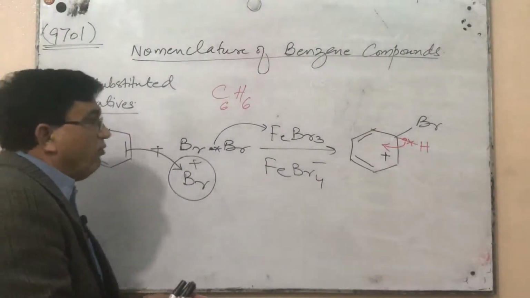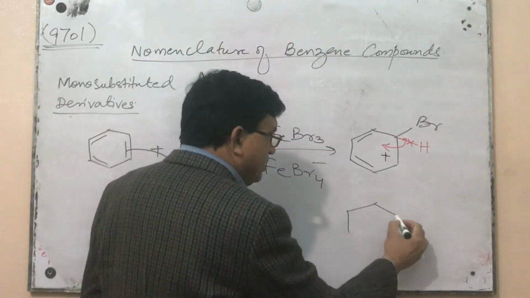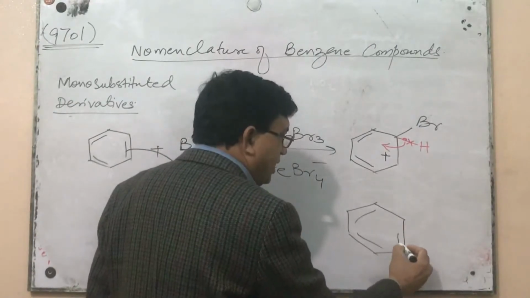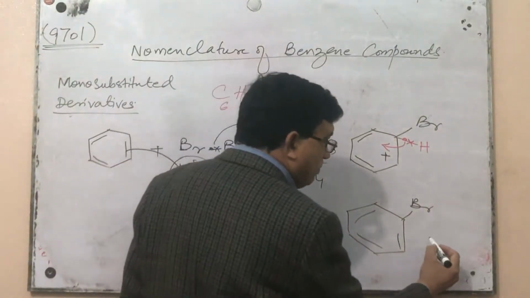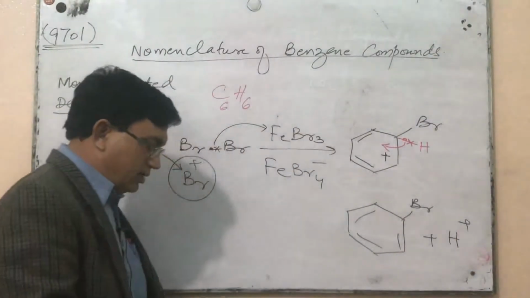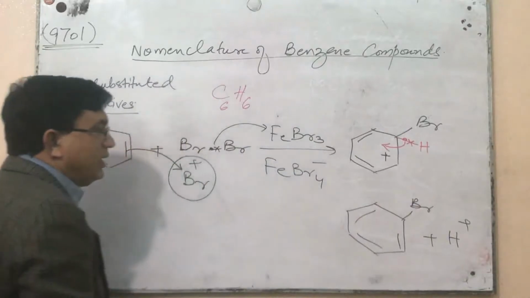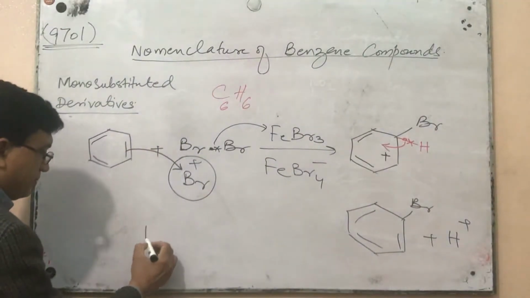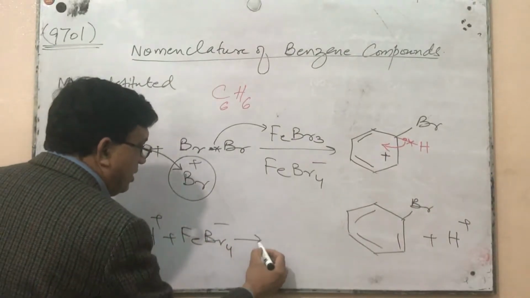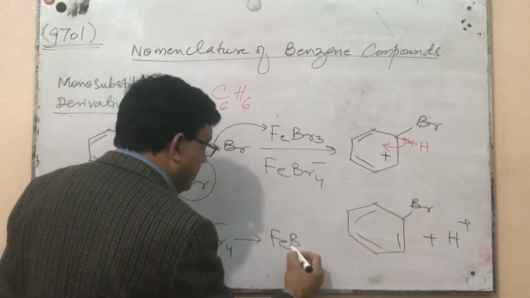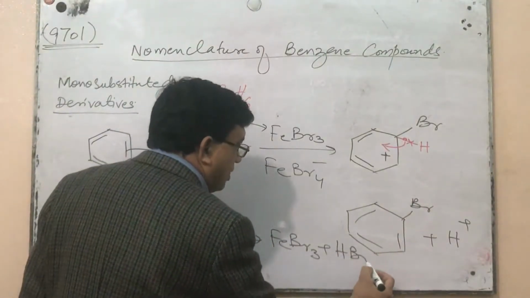What will happen? Whenever both of these electrons come into the benzene ring, automatically the benzene ring will be restored again with bromine present with it. And what will it produce? It will produce the H positive ion, proton. This proton will be produced. Now, in turn, at the last, this proton will react with FeBr4 minus, producing FeBr3 plus HBr.